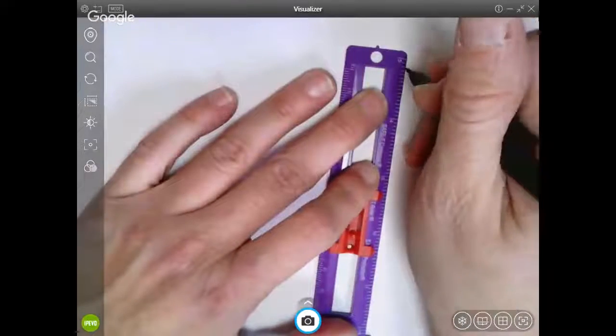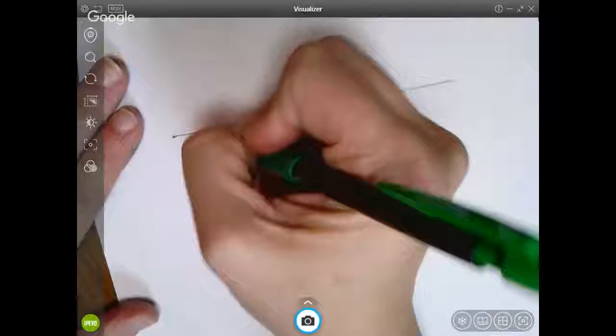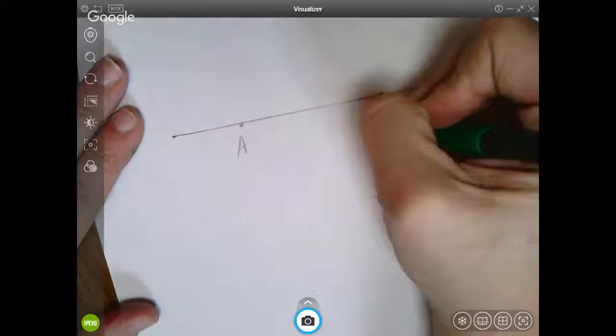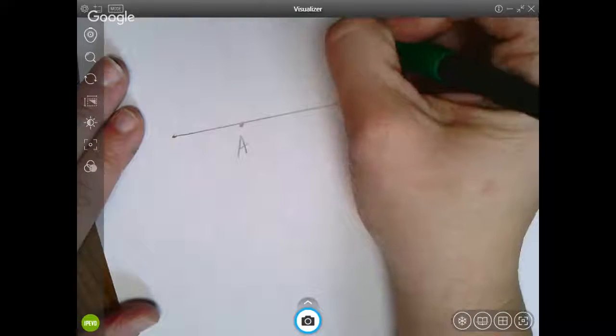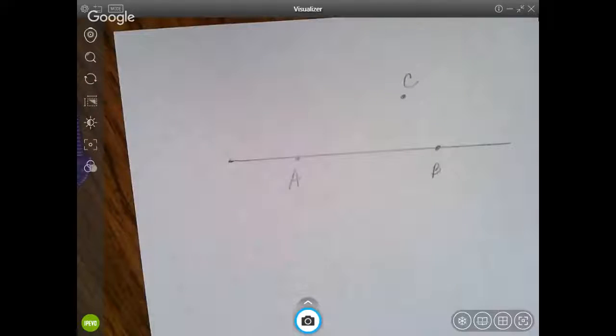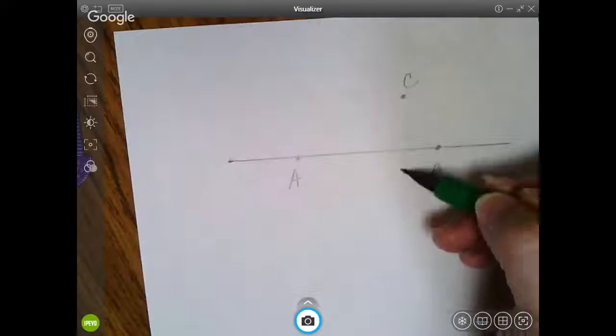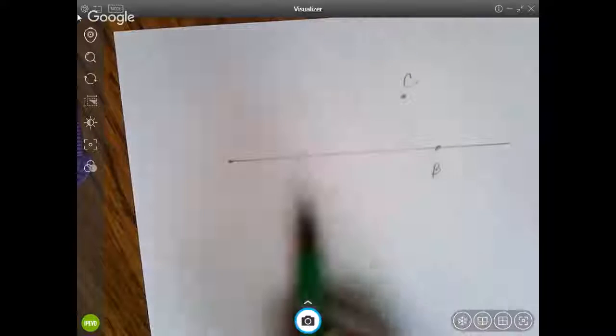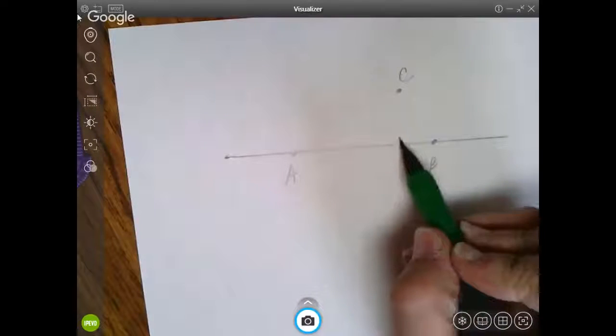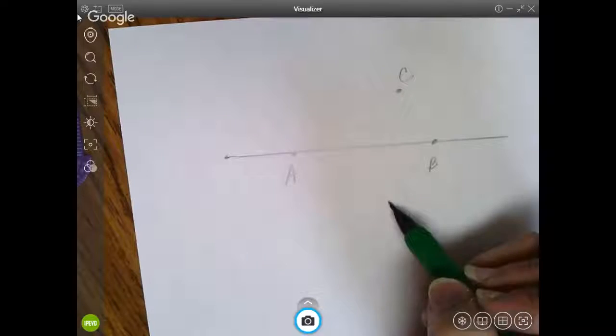You have a line segment, and they want you to create something that's perpendicular from C to AB. So we're not trying to split AB in half. We're trying to get a right angle right around here.